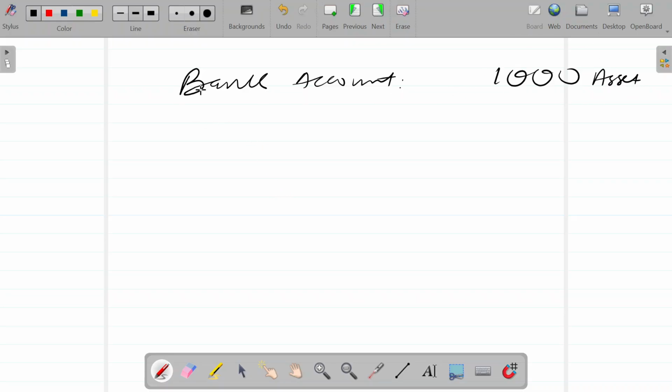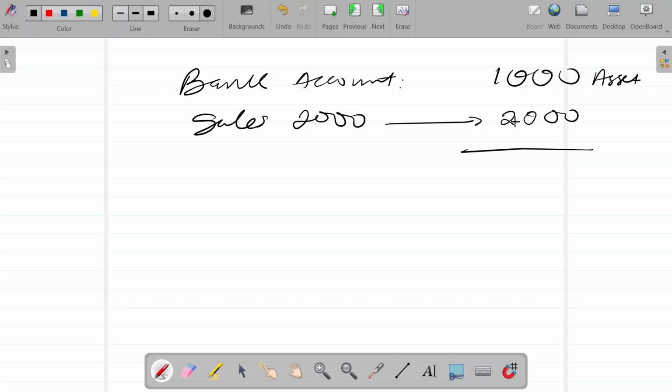Let's say you have made some sales. You made sales of maybe 2,000, and the customer has paid for the sales. The customer has deposited the money in your bank account. So it means that your bank account is going to increase by 2,000. When you add the two together, you get 3,000.